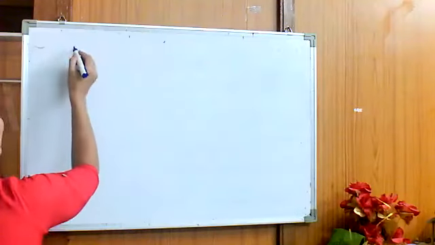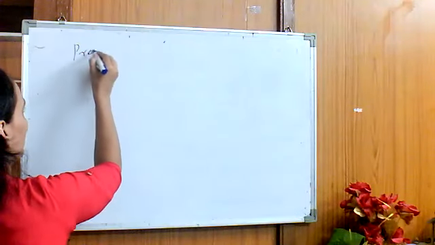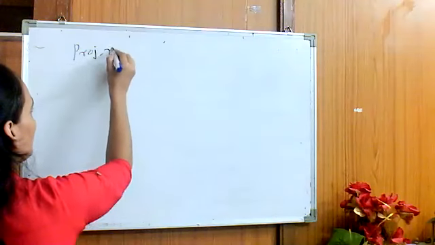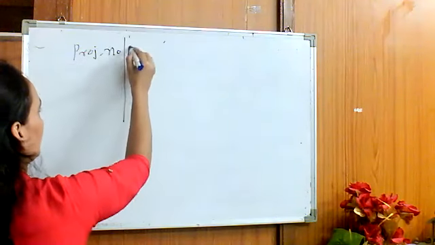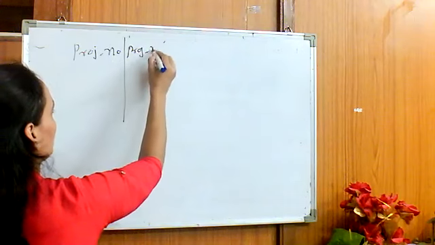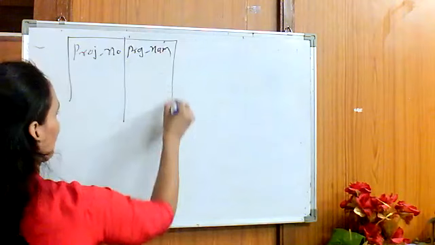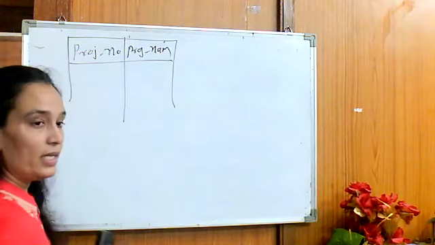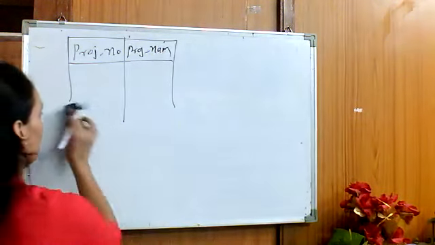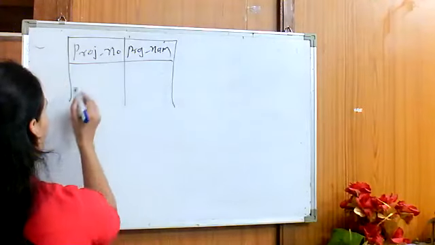First of all, we will create one project table where there is project number and project name. How many projects were there in the project table?